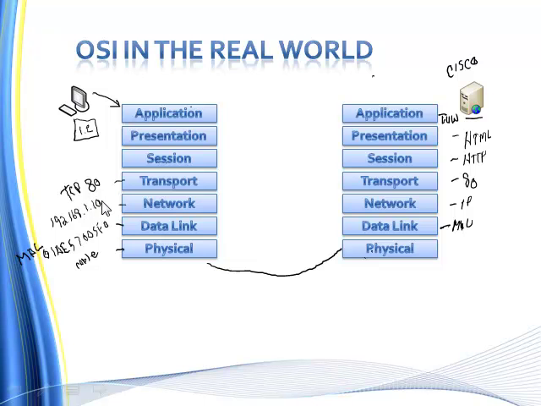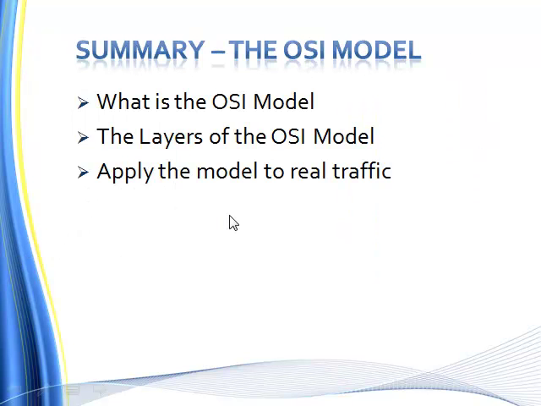My IP address was 109. That's 109 over here. Oops, let me see if I can get this on here. 109. There we go. My MAC address, and then finally on the cable all the way up over here to Cisco's website. So that's how OSI works in the real world, from source to destination.